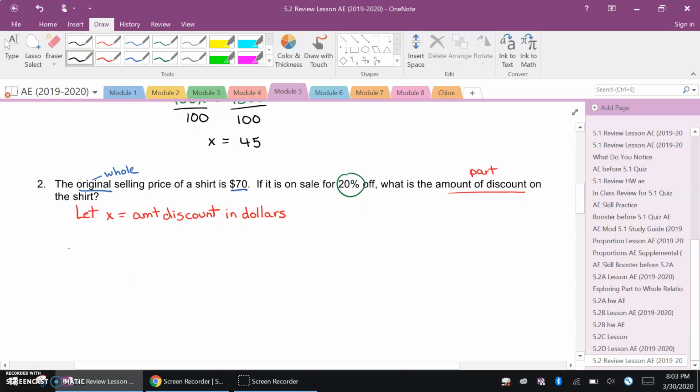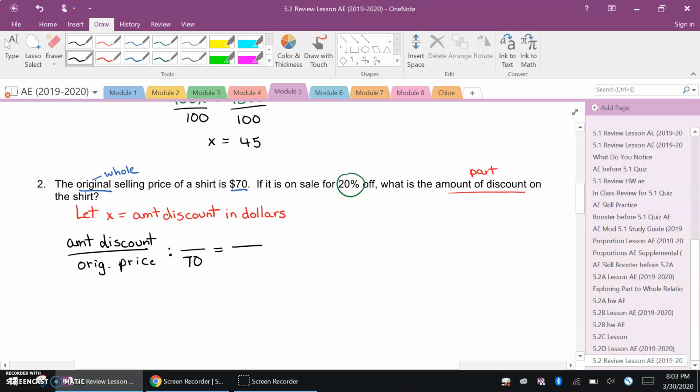So for our word ratio, we're looking at the amount of discount to the original price. And when we decide to put this into a proportion, we can go back and reread how we marked up our text. So the original was our whole, and that's our 70, so that's going to go on the bottom.